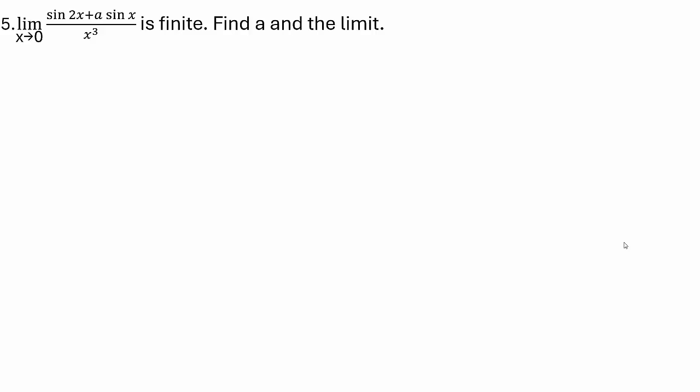Next problem. Limit x tends to 0 of (sin 2x + a sin x) divided by x³ is a finite number. Find a and then find the limit. This is a 0 by 0 form.